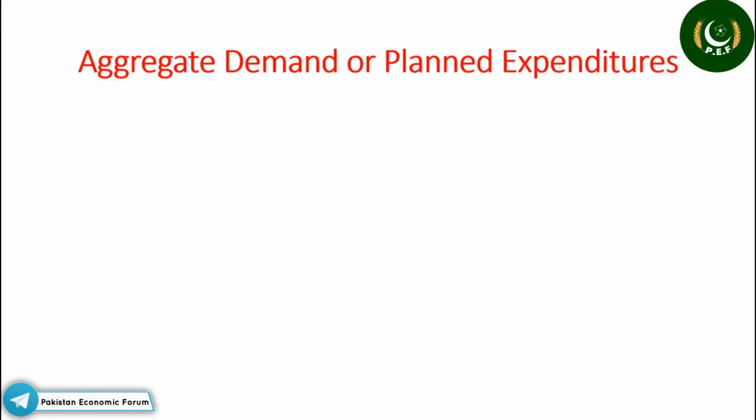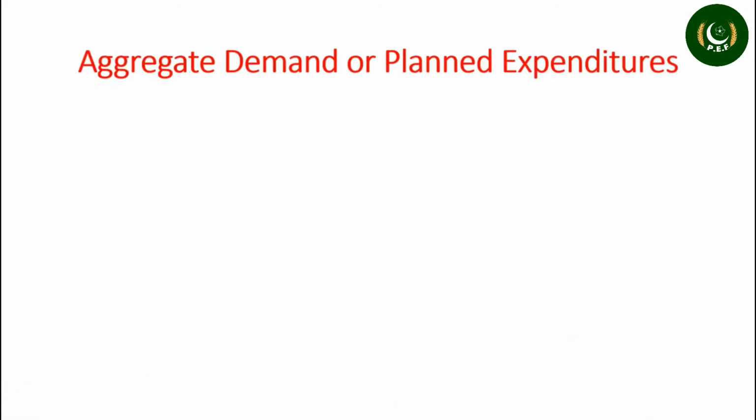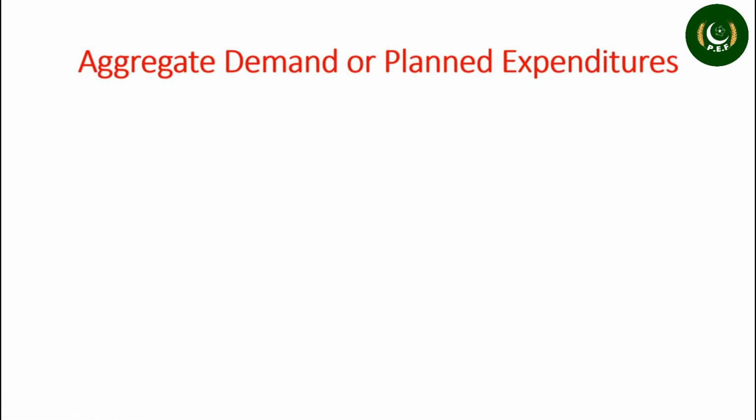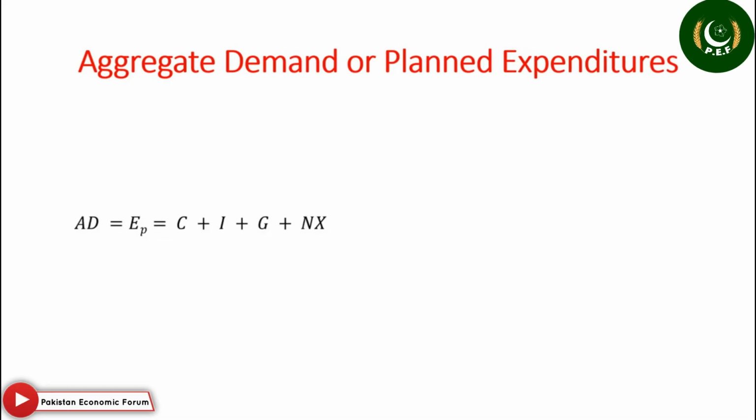Now that we have discussed all the components of both aggregate demand or planned expenditures and aggregate supply or actual expenditures, let's draw aggregate demand and aggregate supply curves. First, we have aggregate demand curve.